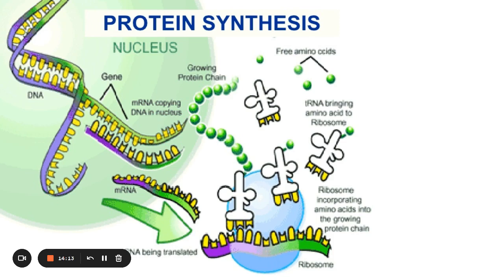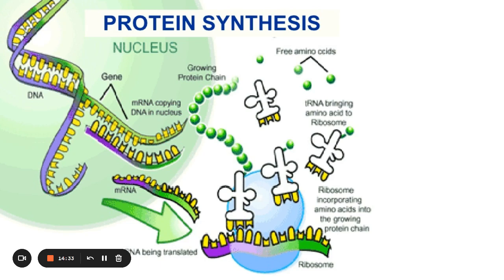So let's look at another diagram that kind of shows us all of this. In the cell, in the nucleus, we have the DNA. It has all of the instructions about how to build the protein, but it's stuck there.